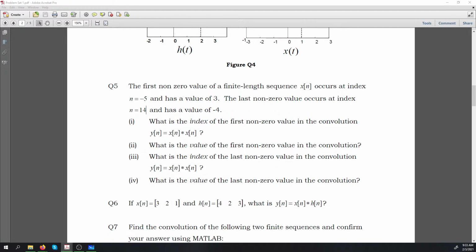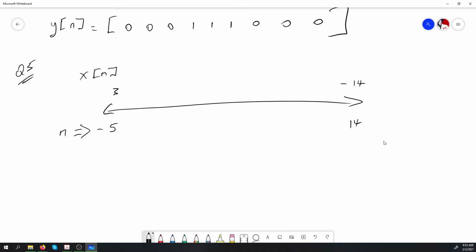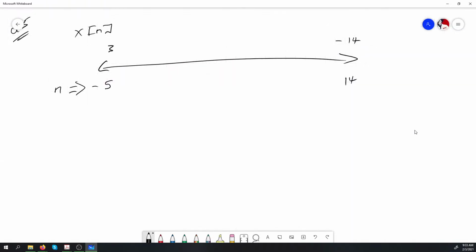So I'm just going to watch this as a convolution in particular. In doing the convolution, that means that we need to have this sequence here reversed for x of n. So that's like if we have x of -n. In reversing the sequence here, that means we'll have -14 and 5. And at -14, wait, hold on.